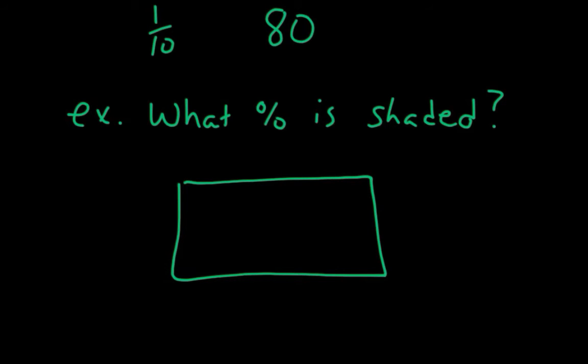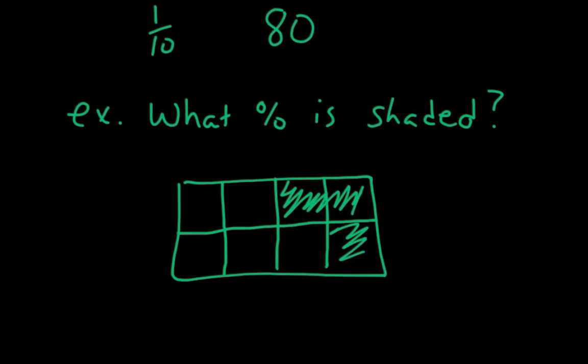I'm going to start with a rectangle, and I'm going to cut it in half vertically, and cut each of those halves in half, and then cut it in half horizontally too. If I have something like that there, I take my rectangle, break it up into 8 boxes, and I shade 3.